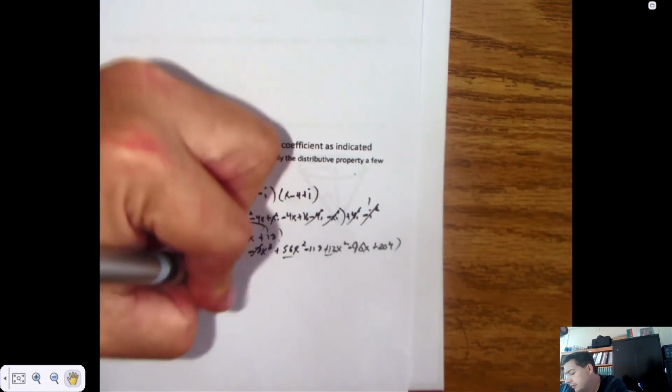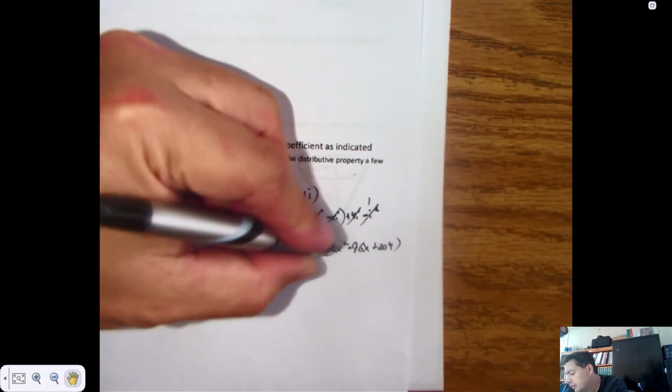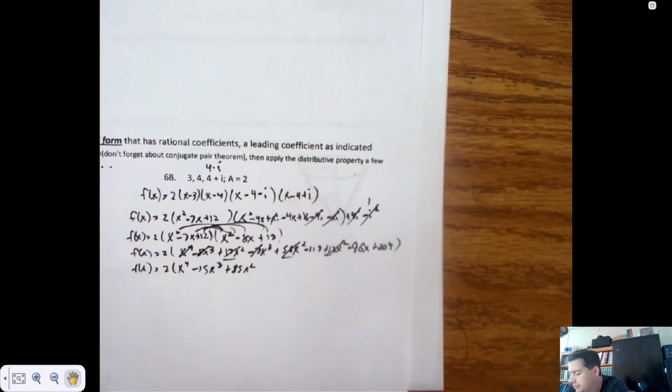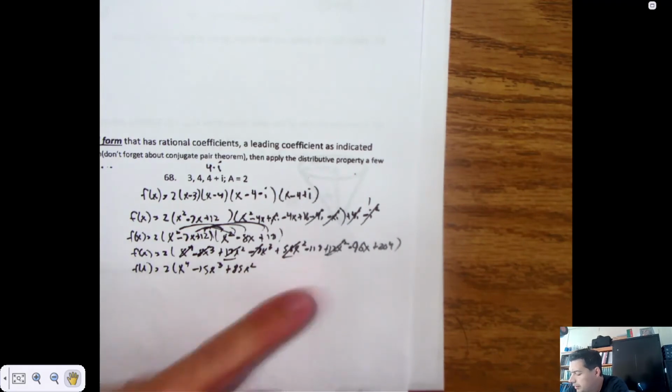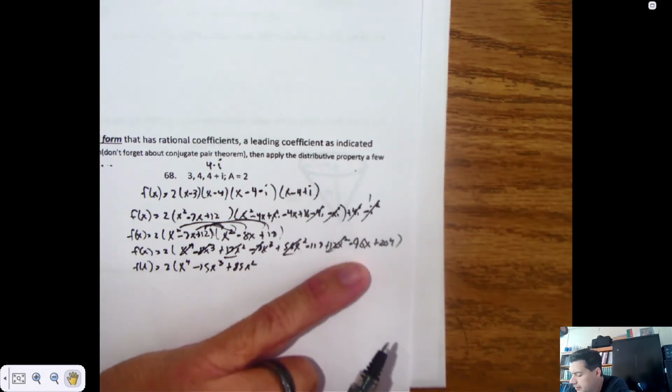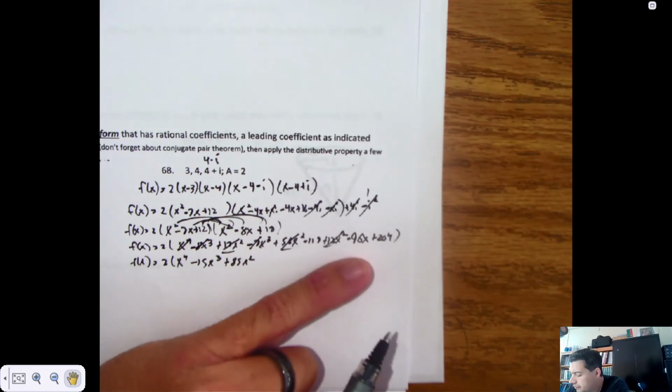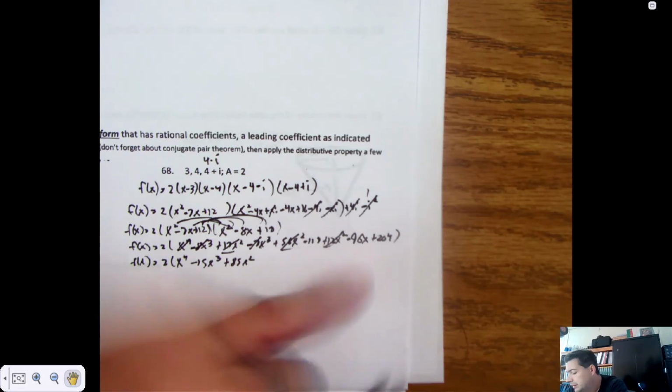So plus 85x squared. Then I got all these big stinking numbers. Oh, sorry, I got x's, don't I? Amazingly, that's my x, minus 96x. I don't know why, but I feel like I missed something. But I didn't, so cool.